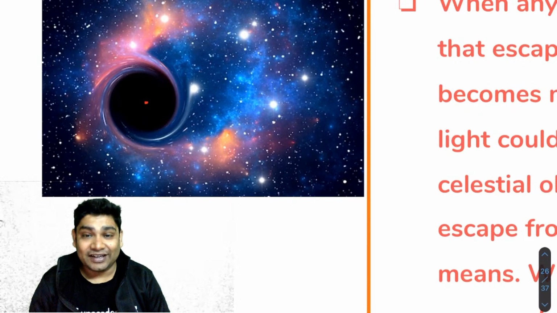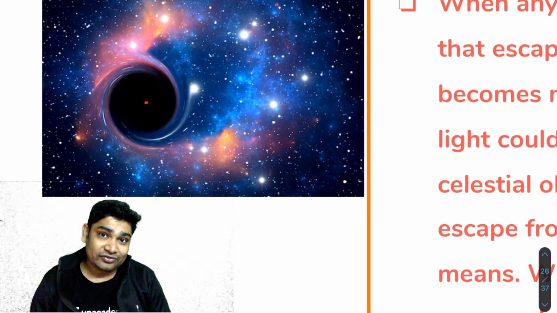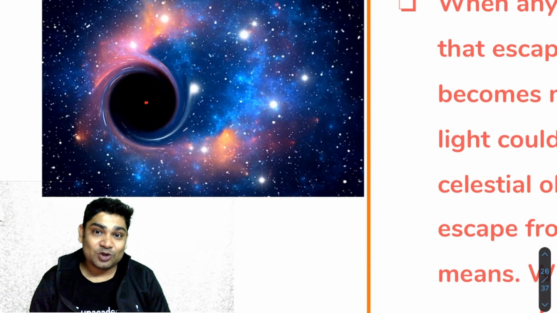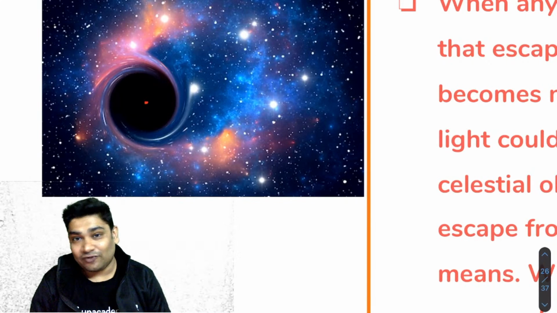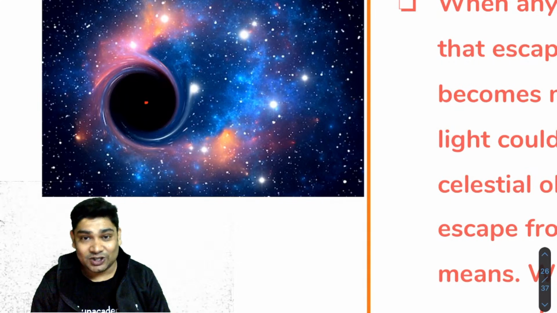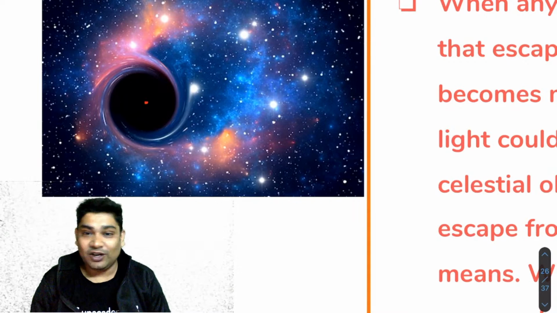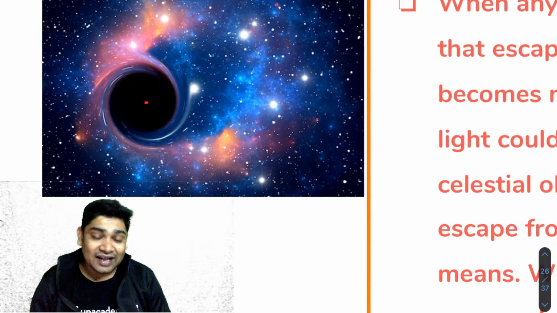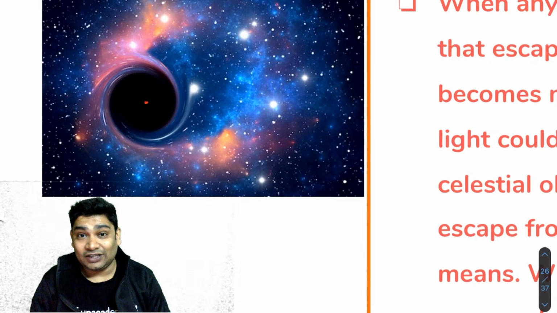So we believe at the center of the black hole, there is a singularity point where physics can't be defined. We don't know if normal laws of physics work there or not. We assume that normal laws of physics will not work there.